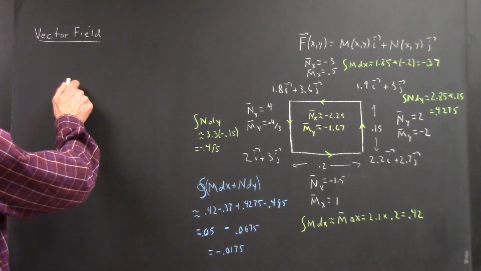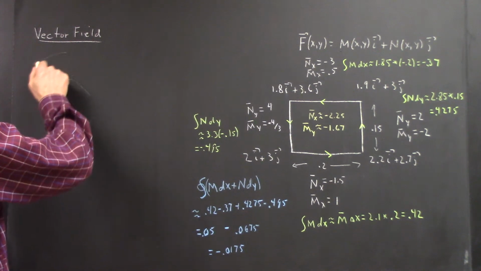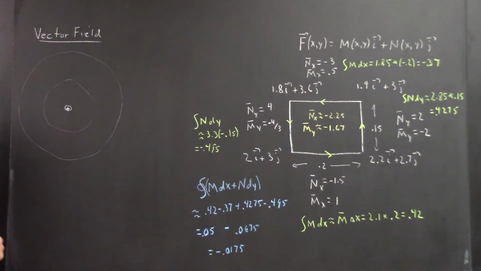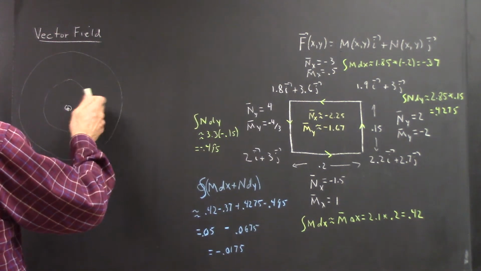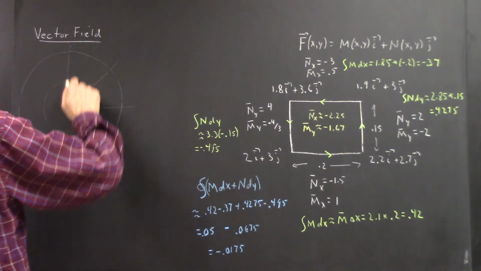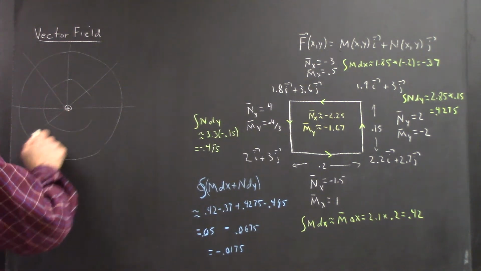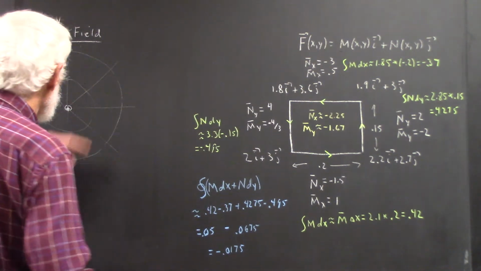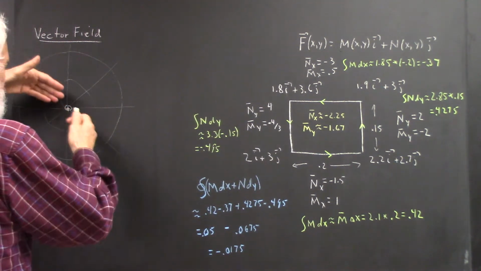So we could draw a couple of concentric circles here just to indicate approximately what happens with this vector field. Okay, then I'm going to draw lines at 45-degree increments, pi/4 radian increments, around this charge.